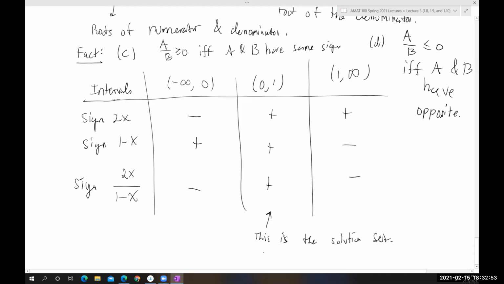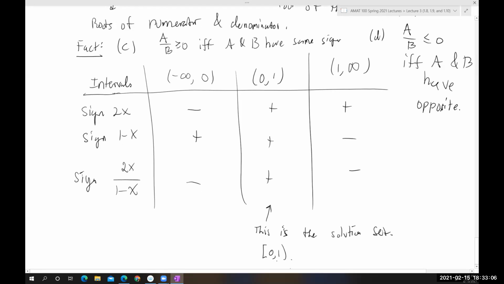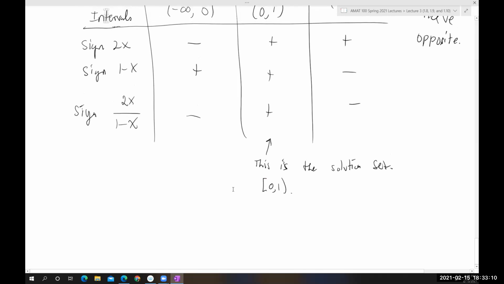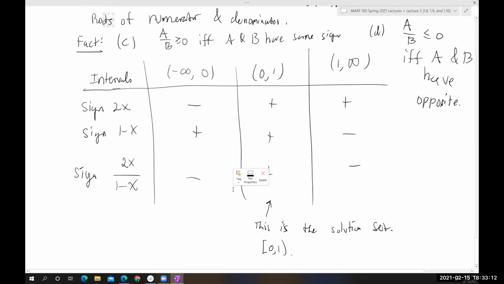So the solution set will be 0 to 1, not including 1 though, because we can't have division by 0. So that's another subtlety you have to keep in mind. I won't go over why this is all the case, because it's basically the example that we already did. Well, as I said, if you want to go over it during class on Friday, we can.